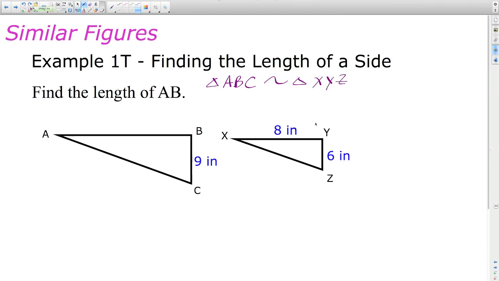So what we can do here then is know that AB corresponds to XY. We can write a ratio out of that, AB over XY, and that's going to be equal to the other pair of corresponding sides, BC over YZ.